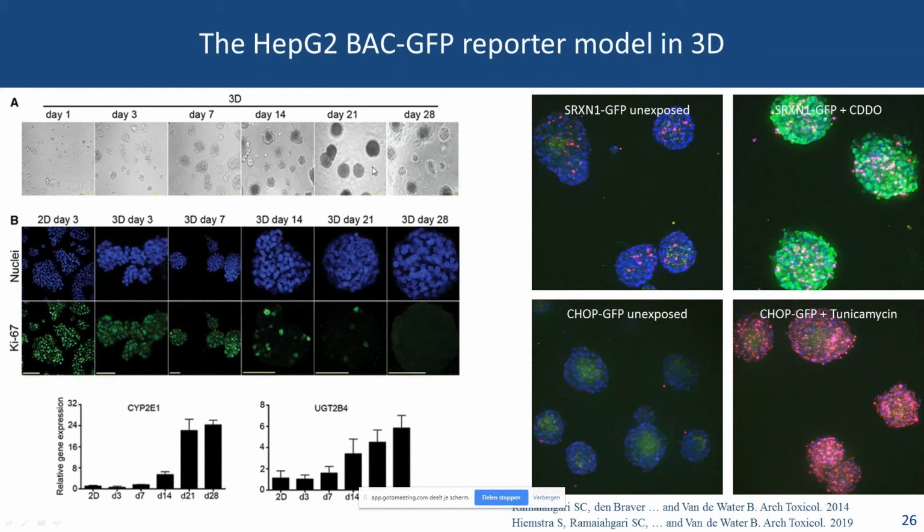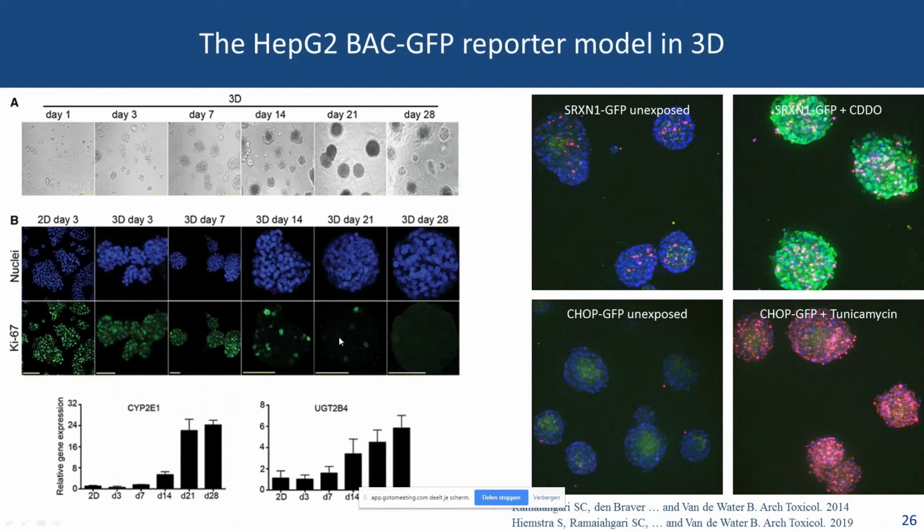And these spheroids consist of about 1,000 individual cells, as you can see over here. And what we can also see is proliferation stops. So from day 21, these spheroids are quite stable, and it's quite nice because then we can also do repeated dosing, which is of course quite interesting for hepatotoxic screens.